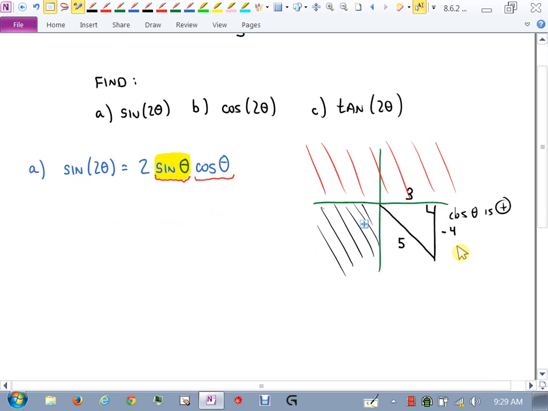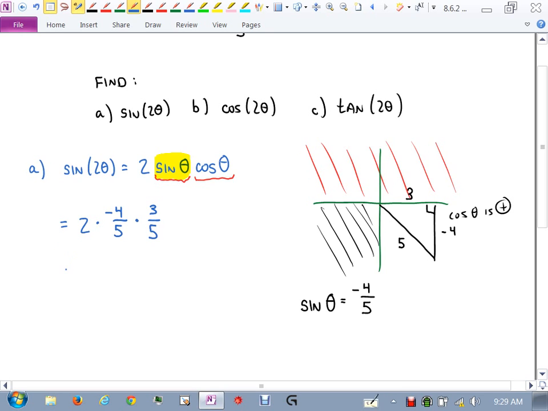Okay. So because of this, I take that triangle and I can now determine that sine of theta is what? Opposite over hypotenuse, -4 over 5. Yes? And now just plug this in. So sine 2 theta is equal to 2 times sine theta, which we just said was -4 over 5, and then times cosine of theta, which we were given in the problem to be 3 over 5.